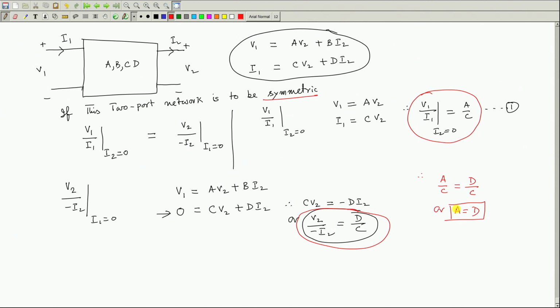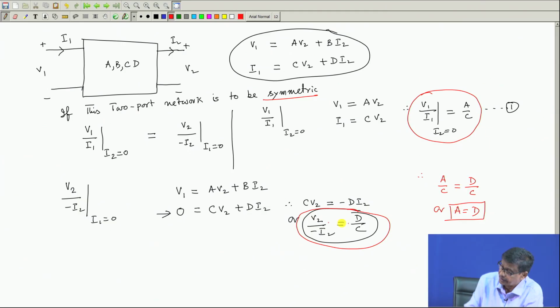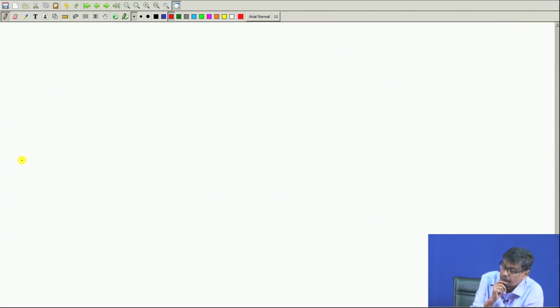Understood? Therefore, we will now say something about series parallel connection of various two port networks.